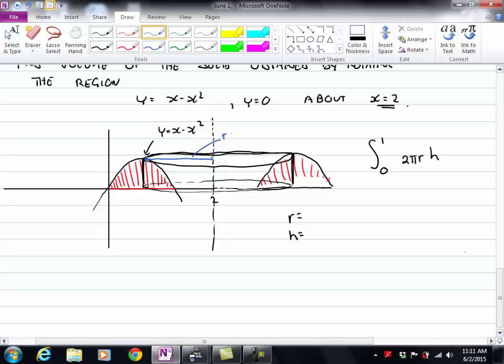So take 2 minus x. What we're going to do is, from here to here, this point is just x comma y. So from here to here is x. From here to here is 2. So therefore, what is this? 2 minus x, right?